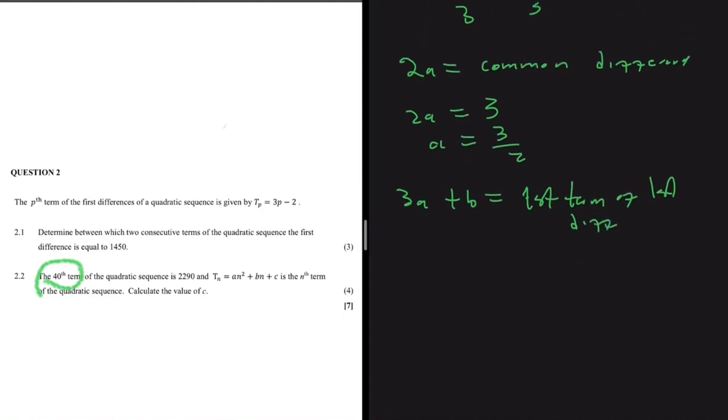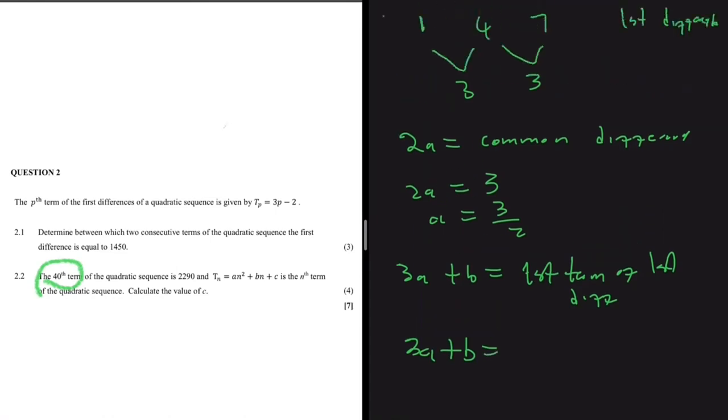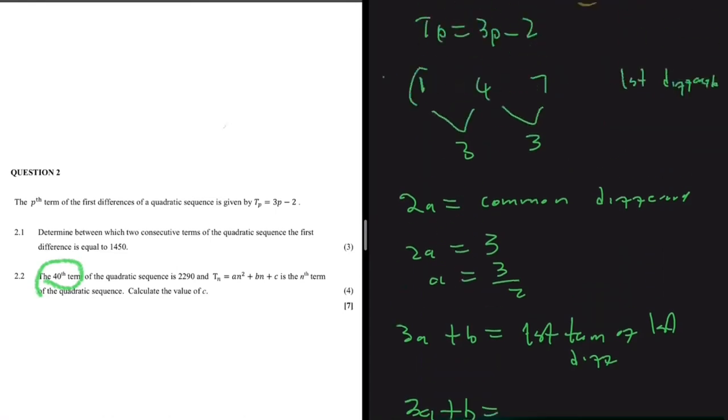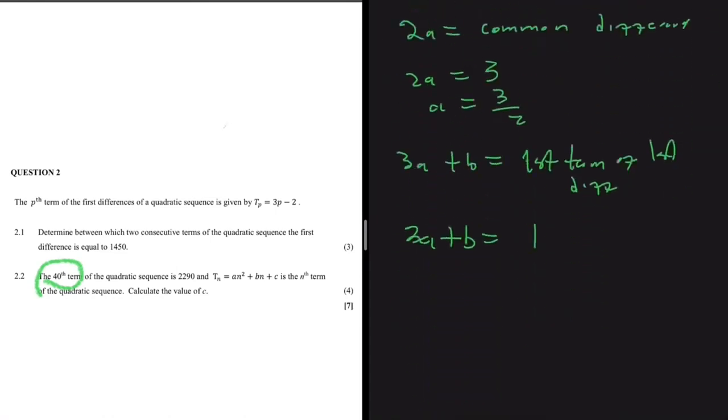So 3a plus b will be equal to 1, right? So we have b being equal to 1 minus 3a, but we know what a is, right? a is 3 divided by 2. So this will be equal to 1 minus 9 divided by 2, which will be equal to minus 7 divided by 2.